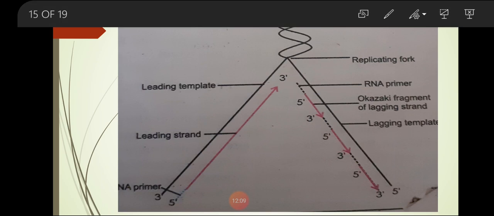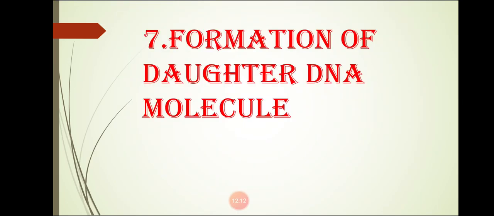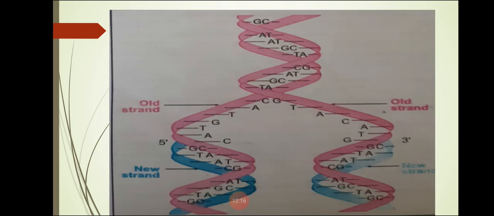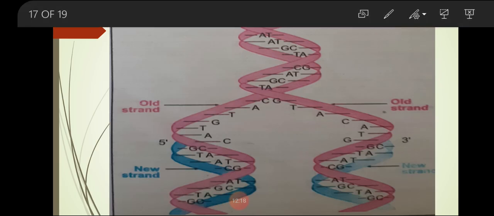Then the next step is formation of daughter DNA molecule. See here in this diagram that there are two daughter DNA molecules that are formed at the end of the process, in which you can see this pink line is the old strand and this blue one is the new strand.